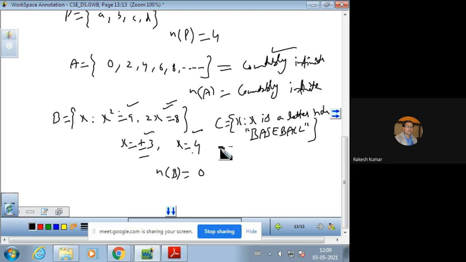The letters in the word baseball are B, A, S, E, and L. Remember, repetition of letters is not allowed in set theory. So there are 5 letters in the word. So cardinality of C is 5. So this is the definition of cardinality.